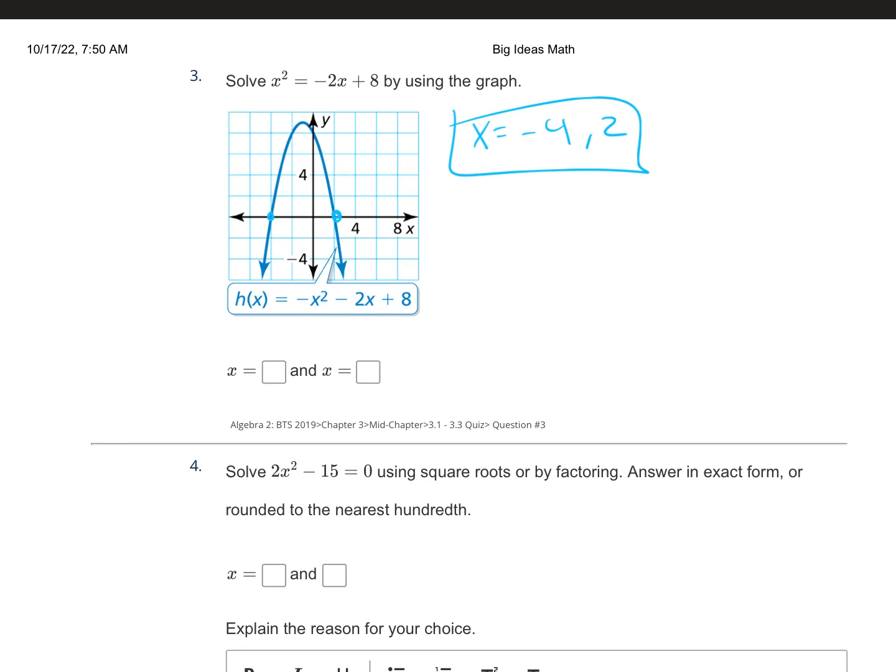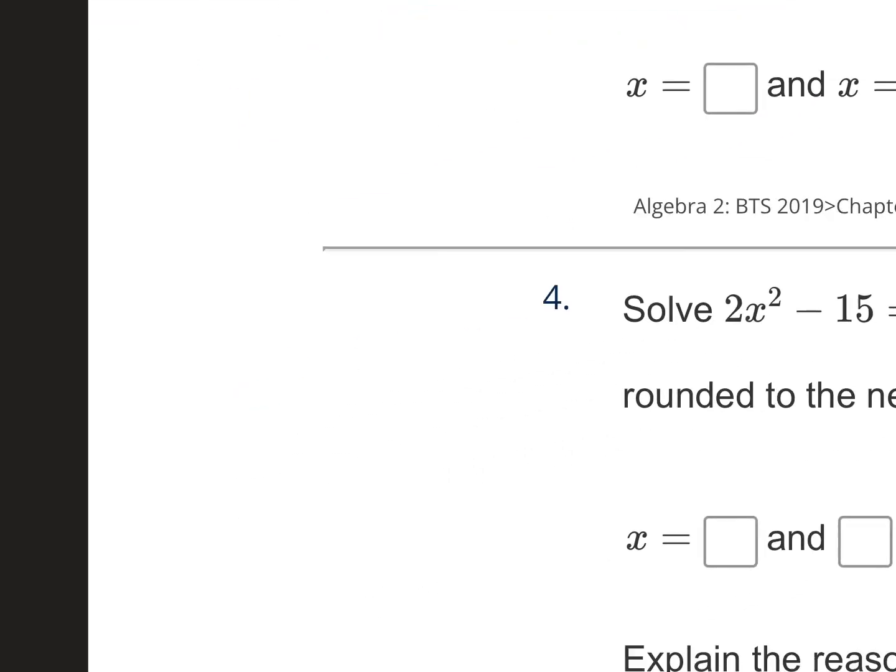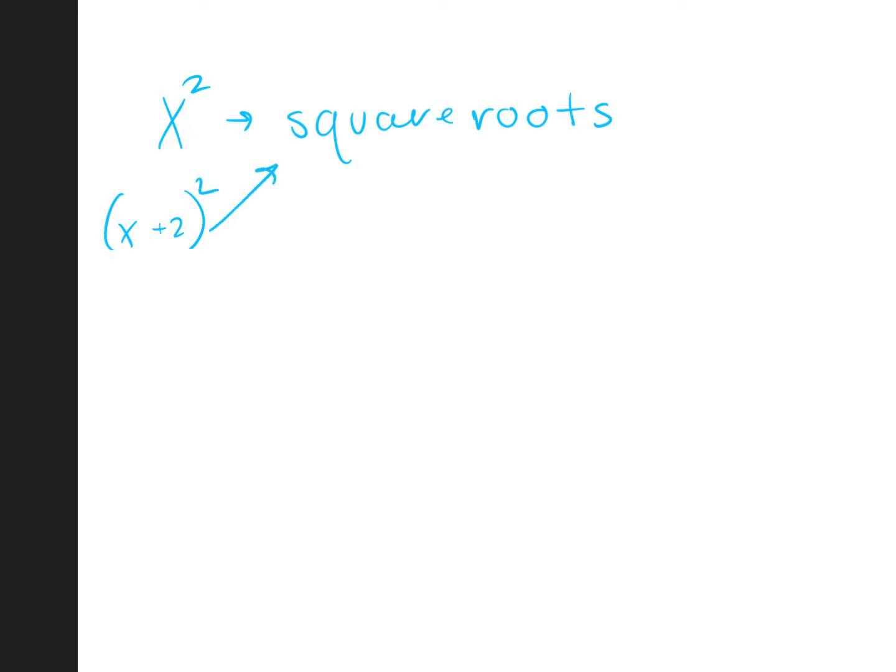All right, number 4 says solve using square roots or by factoring. So if we have just an x squared, we want to solve by taking the square root. Or we could have parentheses with x plus a number squared that we want to take the square root of also.